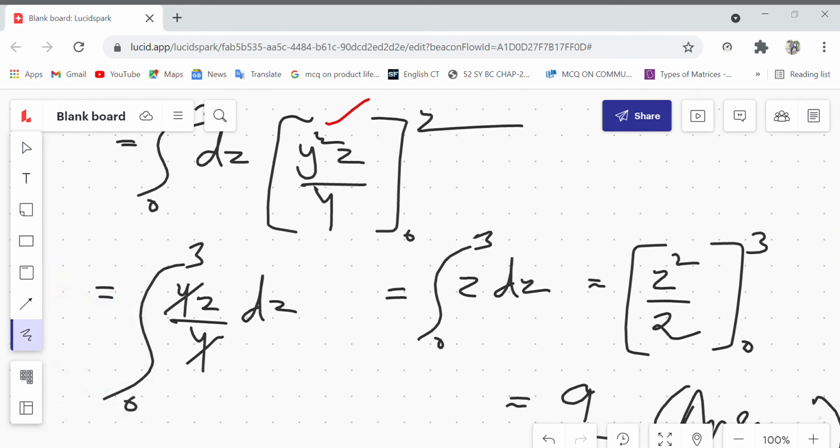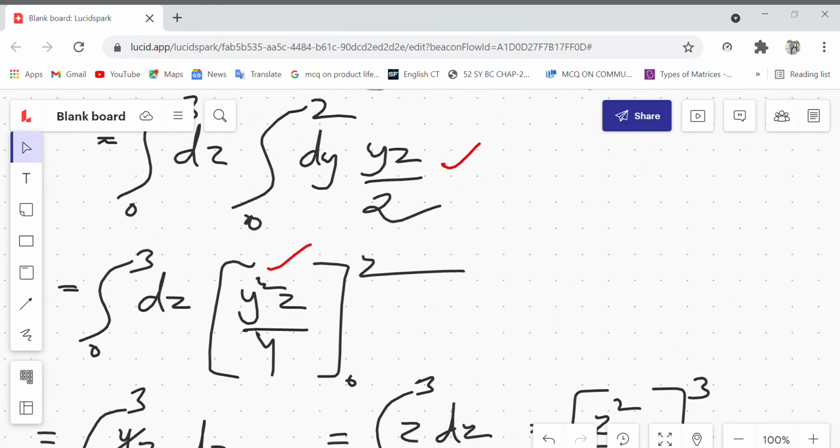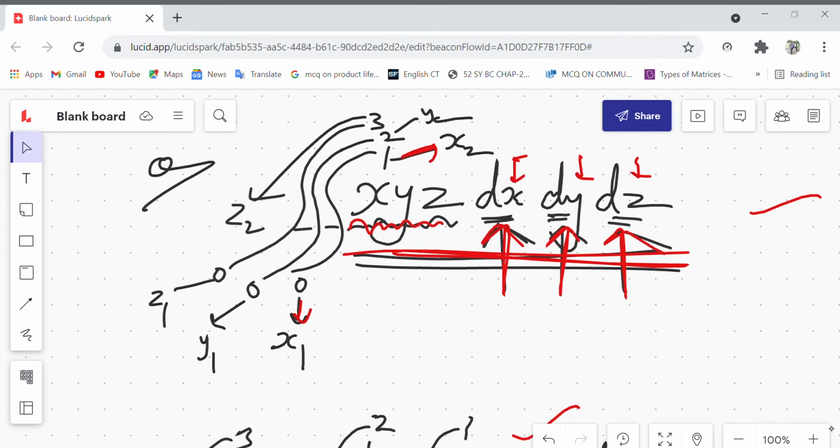Sorry, it is z dz, which will be z square by 2, and the answer came 9 by 2. But the concept is that you need to deal with dx, dy and dz, whichever is the first. Do x1 and x2, then y1, y2, then z1 and z2. But for theta and other cases, use the corresponding value.